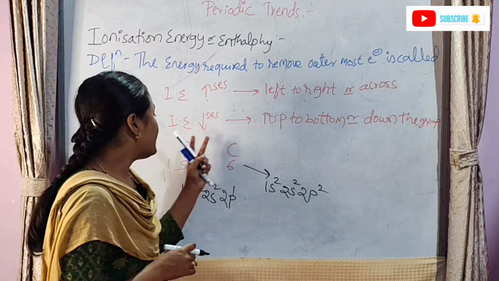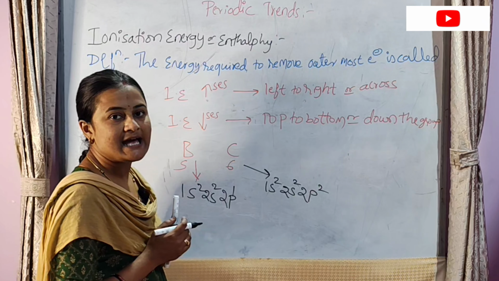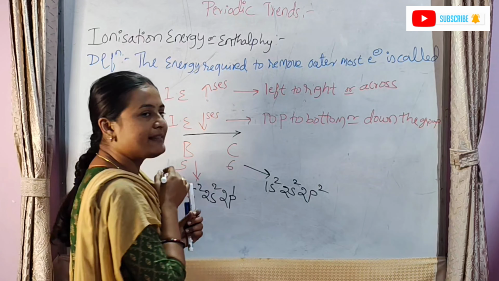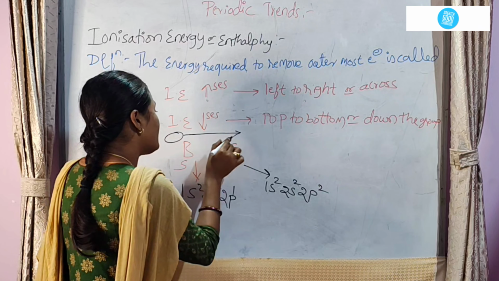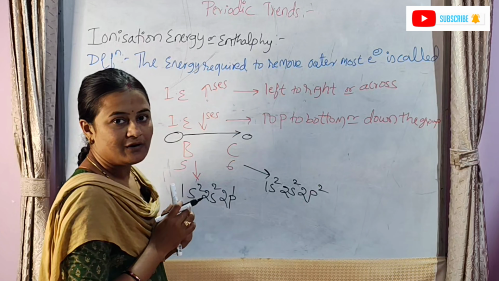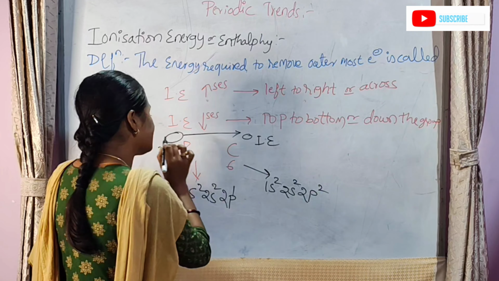Between boron and carbon, which has the larger size and which the smaller? Left to right in the periodic table, the size decreases, which means that carbon is smaller than boron. Therefore, here the ionization energy is more and here the ionization energy is less.